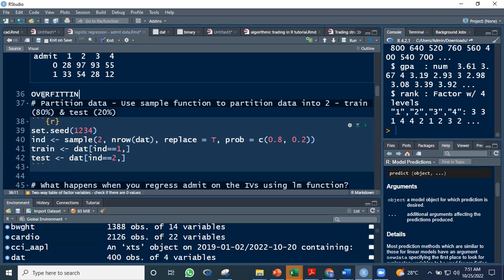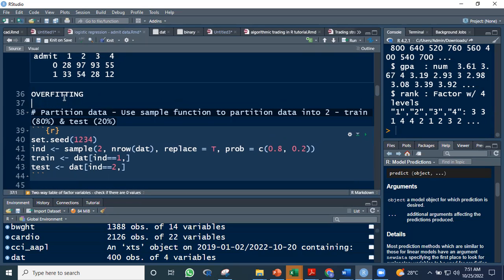That's a problem if we're going to use all our data set, all the 400. So in machine learning, what's being done is we partition the data set.